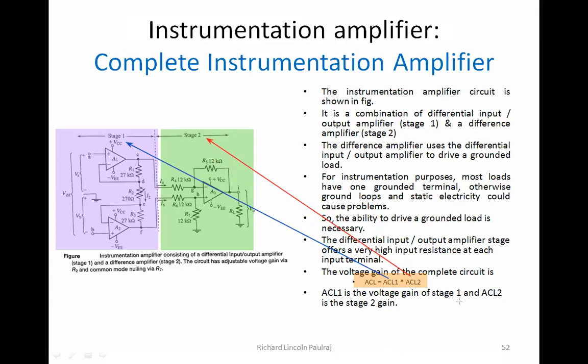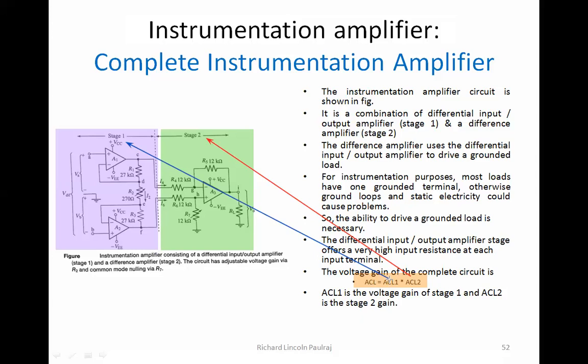ACL1 is the voltage gain of stage 1 and ACL2 is the stage 2 gain. Here also, as I've already mentioned, R2 is going to play a major role. With the adjustment of R2, I'm going to be able to change this overall gain, which is ACL.